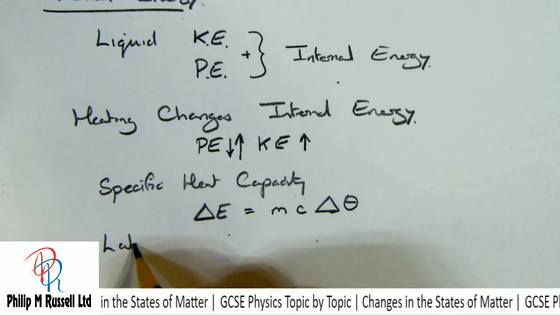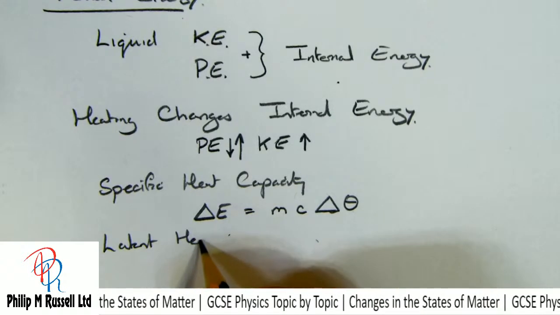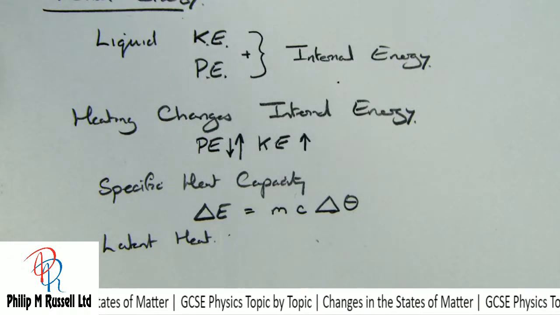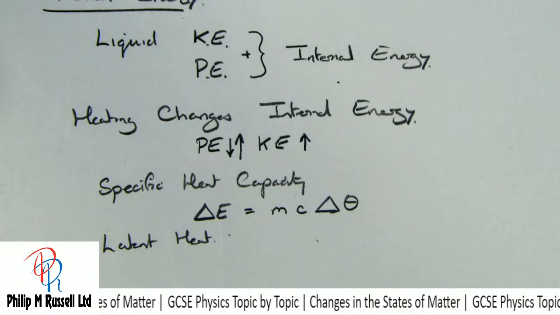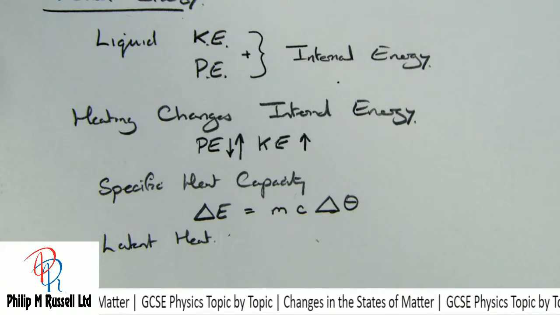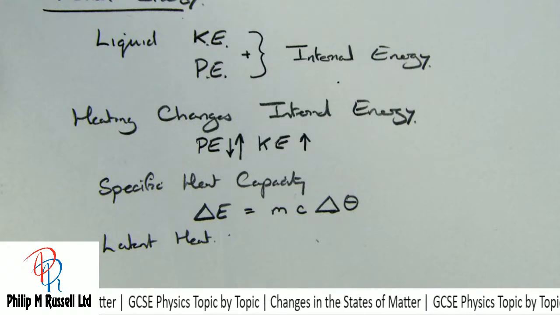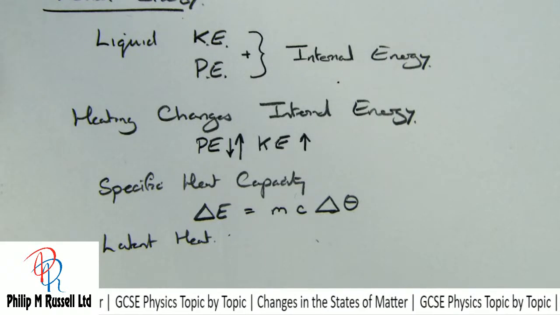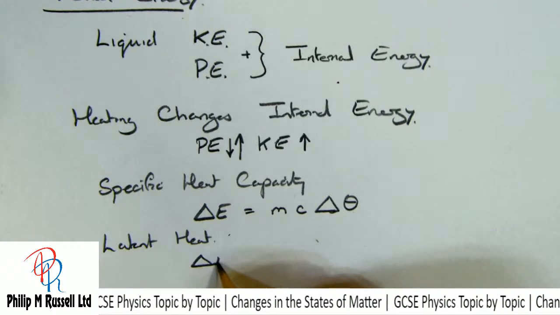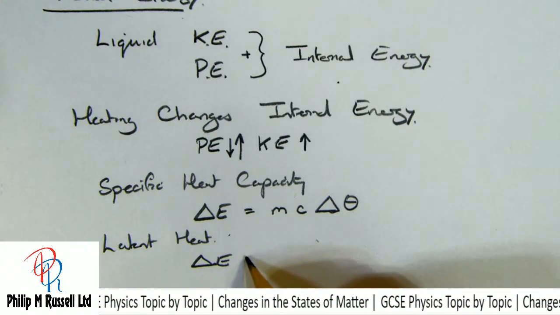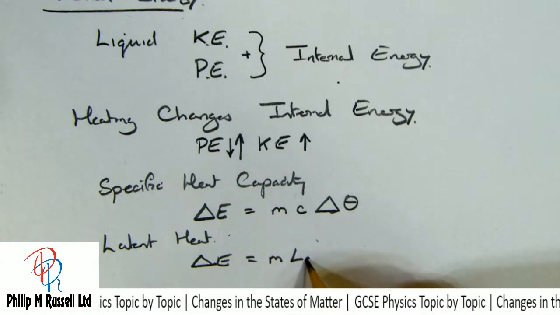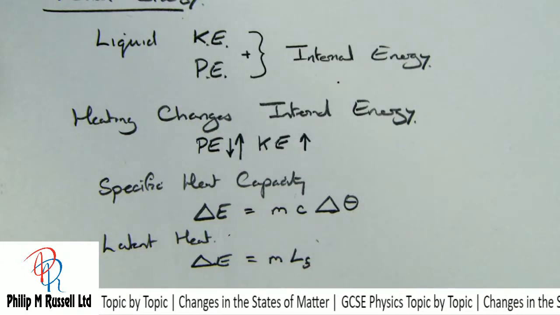We've got here our latent heat, the energy required to change its state from one to another. And if we've got latent heat, then we could actually measure this, and our latent heat is our change of energy, I suppose, here again is going to equal the mass times this thing called the latent heat of fusion.